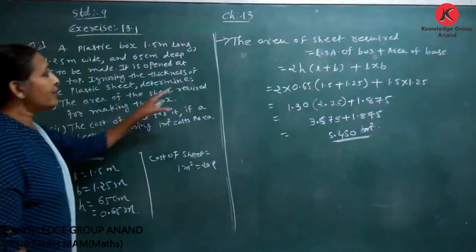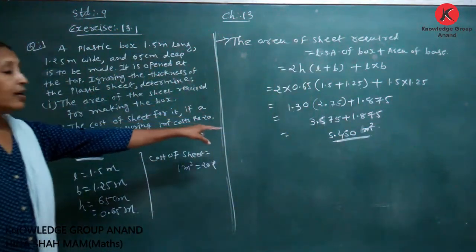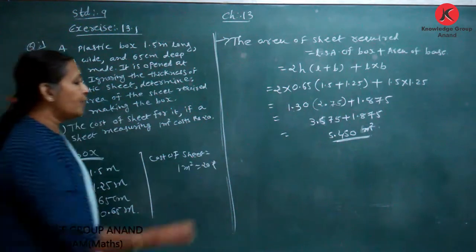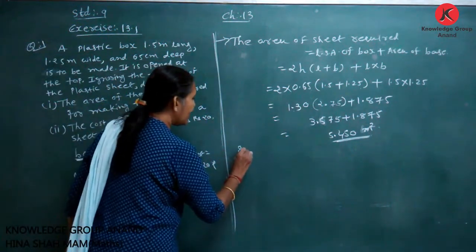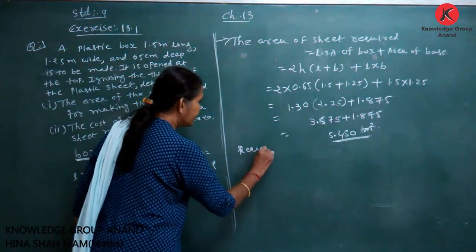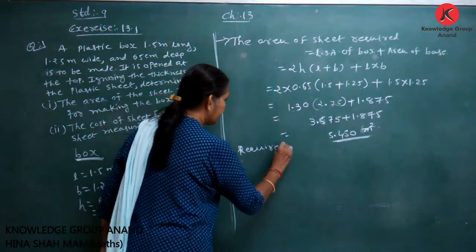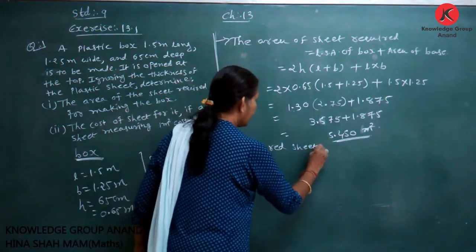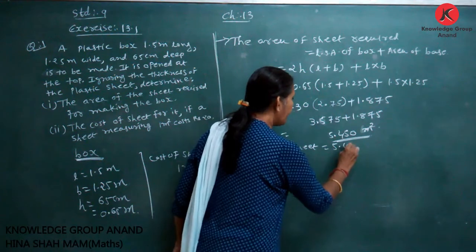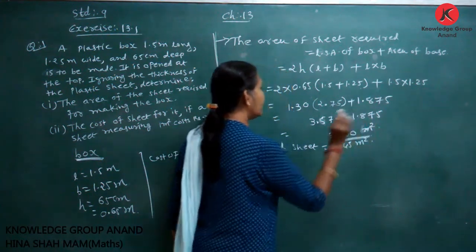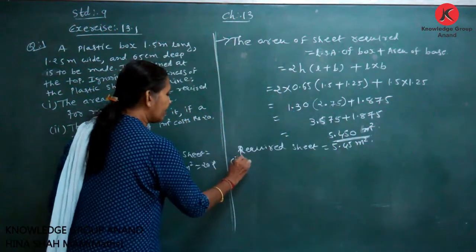How much sheet is required? So here, 5.45 meter square of sheet is required. Required sheet is equal to 5.45 meter square.